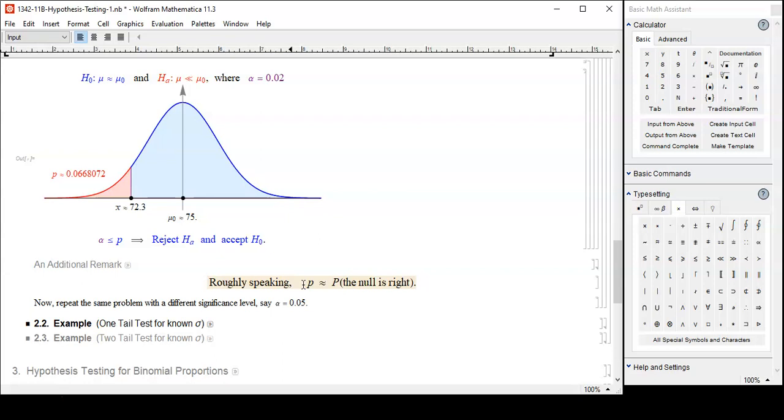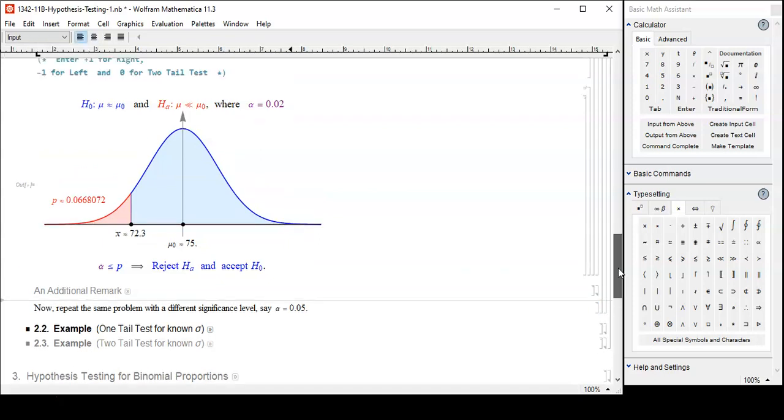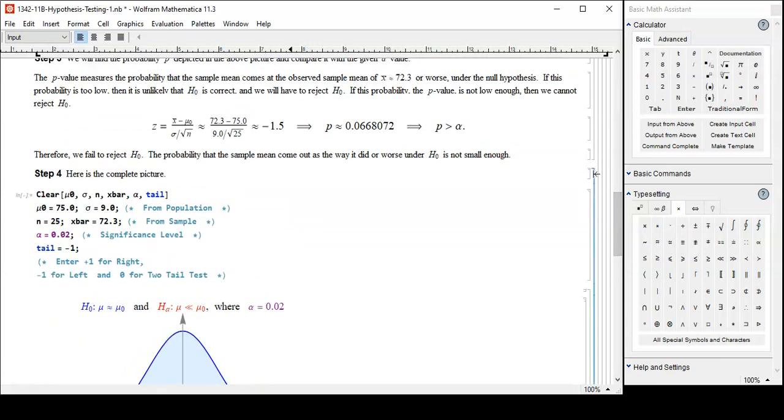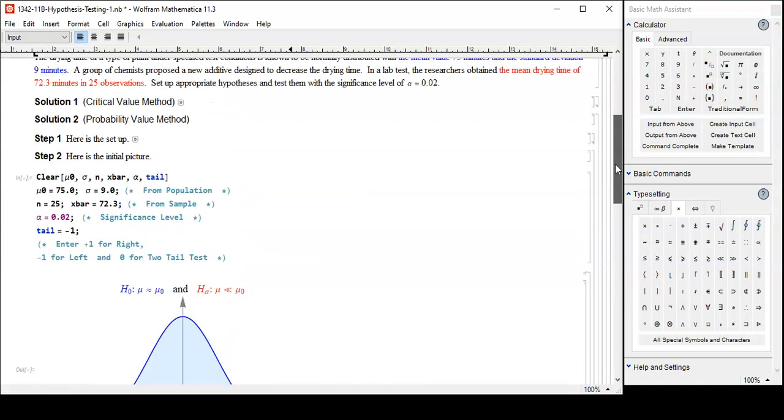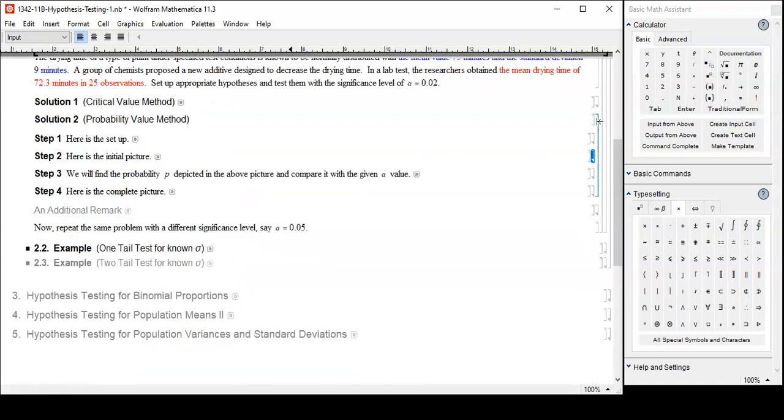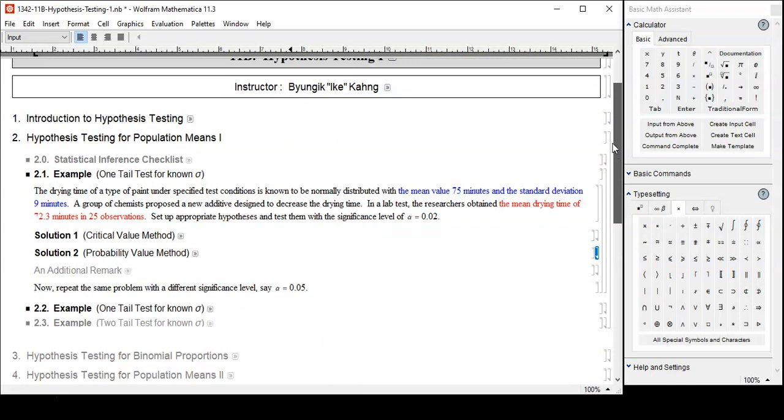So if this probability is big, then probability that null is right is big. You go with null. It doesn't always work this way, and this is not always correct, but most of the time it works out. If you're comfortable with this method, particularly if you like this type 1 error and type 2 error, you're comfortable with it, then you're going to like this. I do, and our textbook authors like it too.